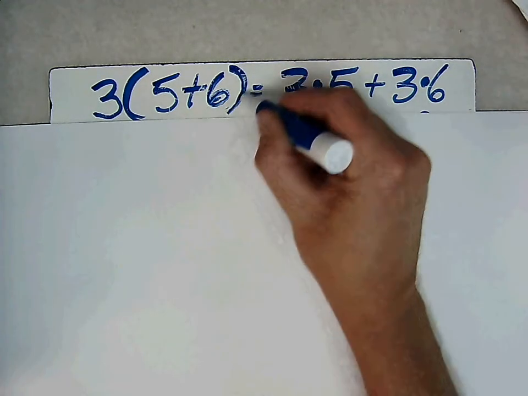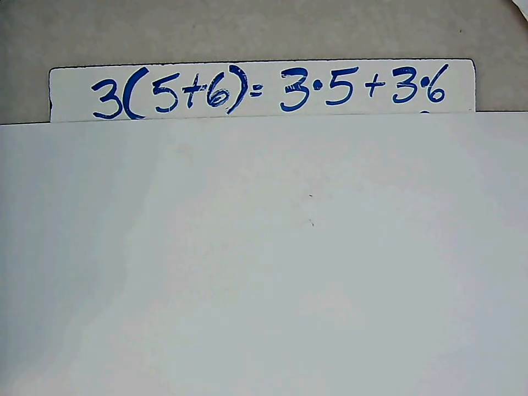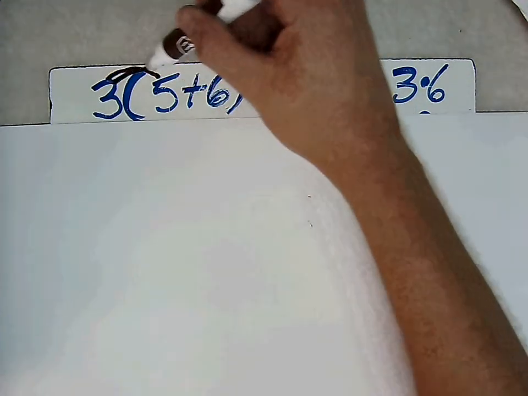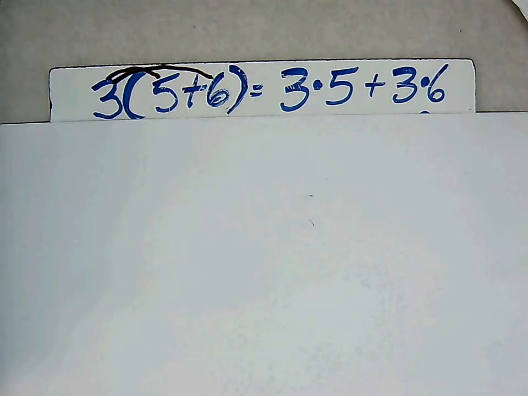Now, if I wanted to give the 3 to the 5 and give the 3 to the 6, I have to make sure that I do it to both of them. Otherwise, that's not equal and that's not the distributive property.